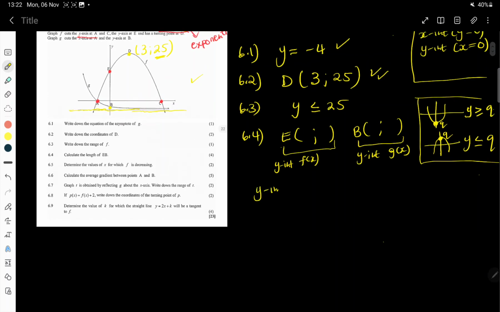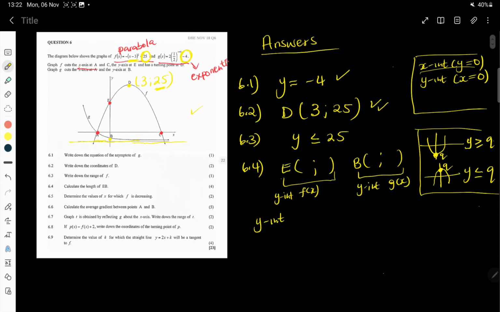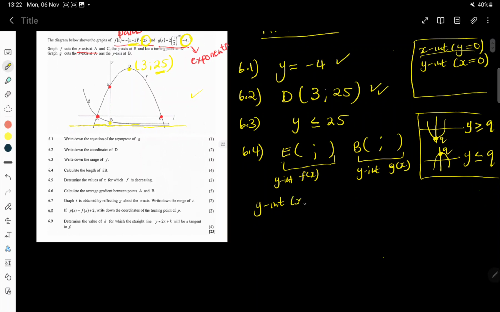For y-intercept, remember we let x be equal to 0. So it's going to be y is equals to negative, you write the equation of f of x. It's going to be negative 0 minus 3 squared plus 25.